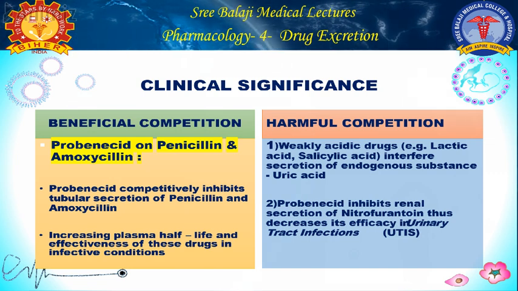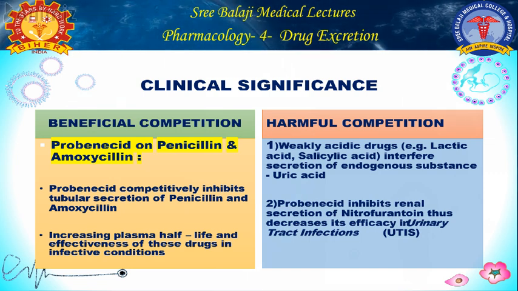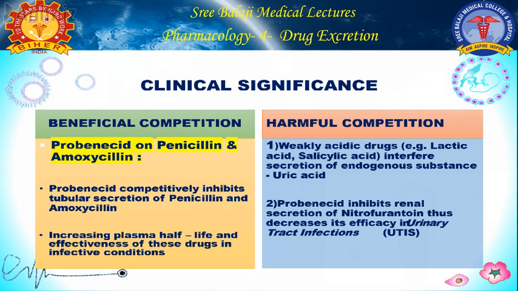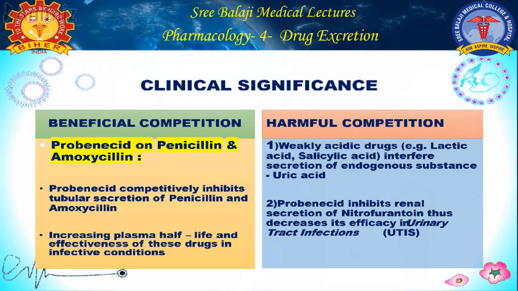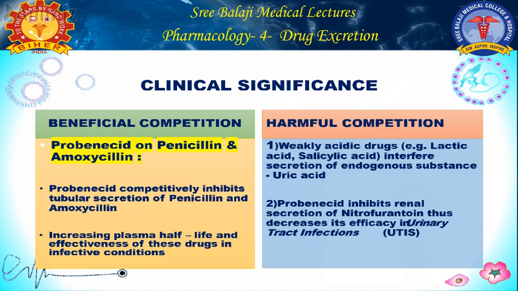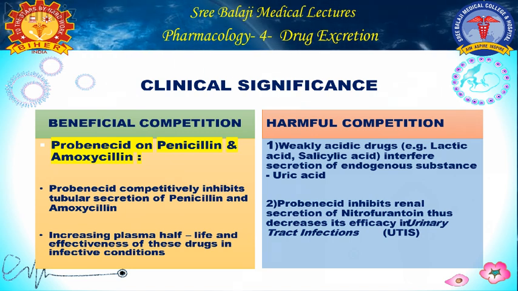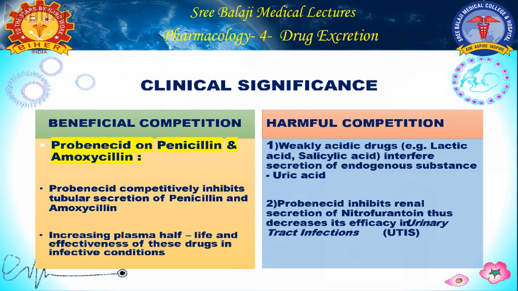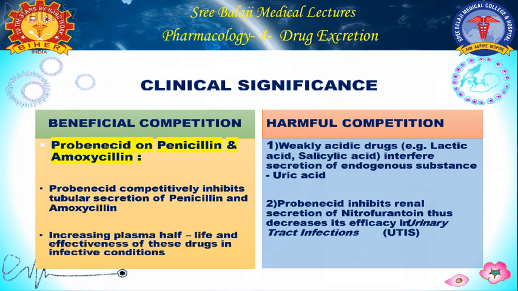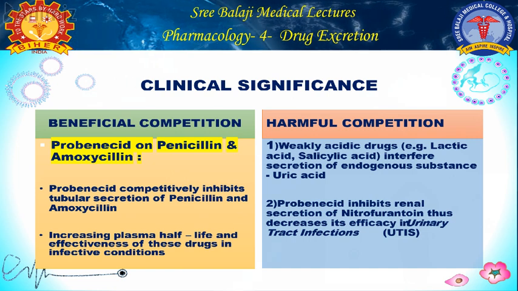When it cannot reach the target site, there cannot be efficacy. There will be zero efficacy, right? And nitrofurantoin has nothing to do with any systemic conditions as well. So in this case, the duration of UTI will be prolonged, and we have to change the medications.